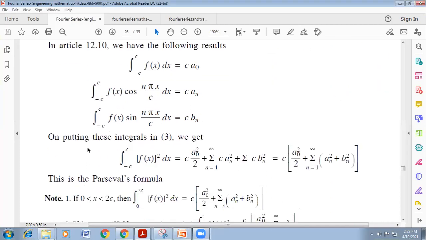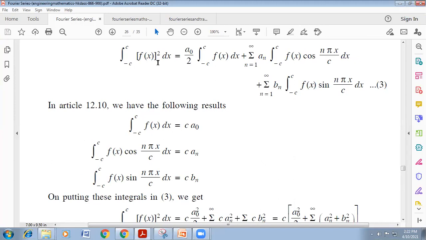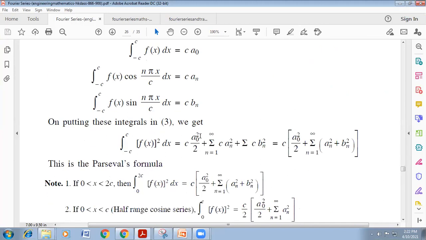Putting these values into equation 3, we get the integral from minus c to c of f of x whole square equal to c times a naught whole square by 2 plus summation n equals 1 to infinity of c times (a n square plus b n square). Then taking c common, we get a naught whole square by 2 plus summation n equals 1 to infinity of a n square plus b n square.